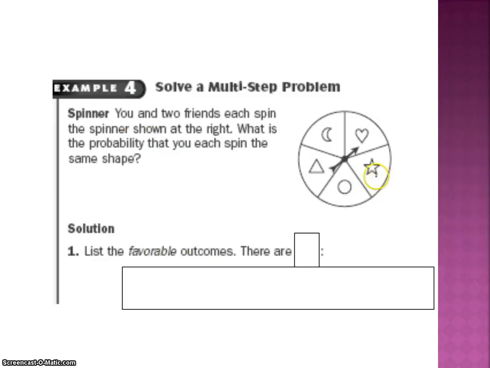In example 4, you and 2 friends each spin the spinner shown at the right. What is the probability that each spin is the same shape? First of all, remember that we have favorable over total as probability. So let's list the favorable outcomes. There are a total of 5 shapes.